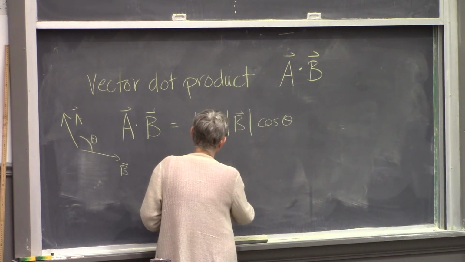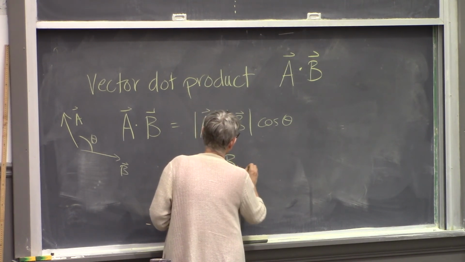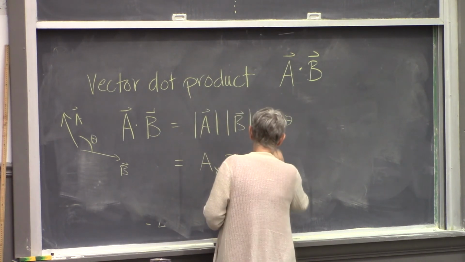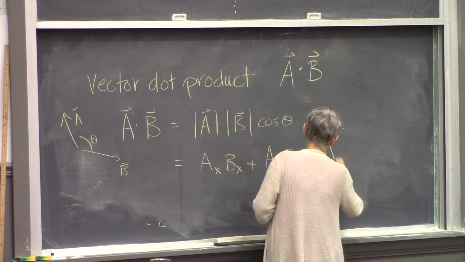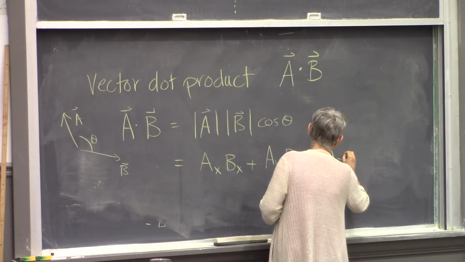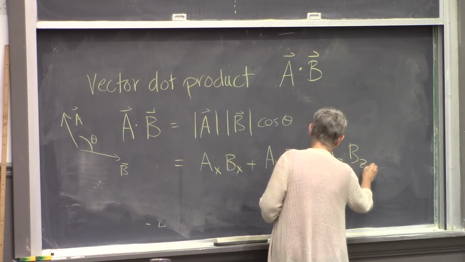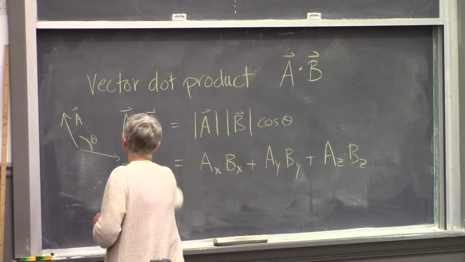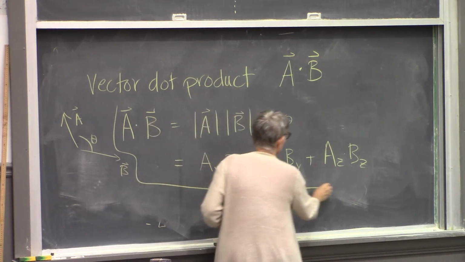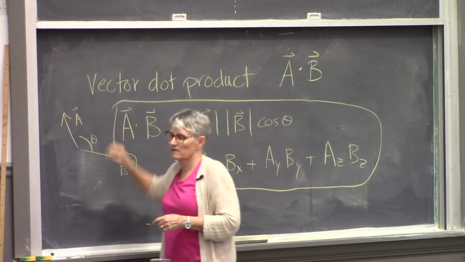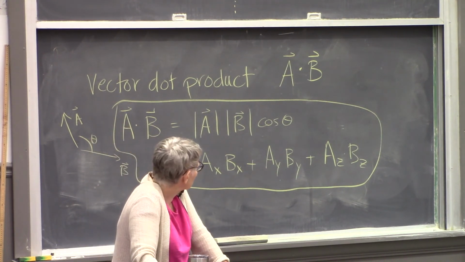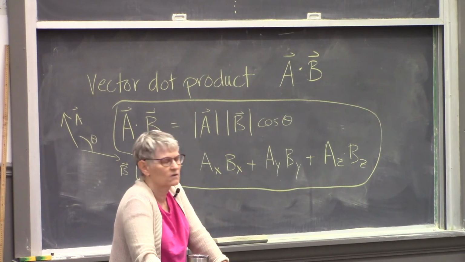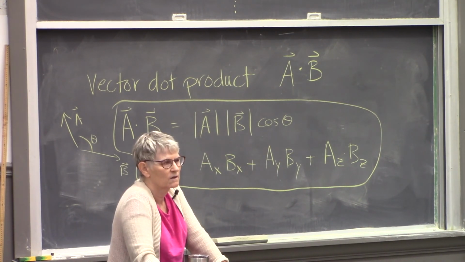And it's actually the x component of A times the x component of B plus the y component of A times the y component of B plus the z component of A times the z component of B. So these are two different ways to evaluate a vector dot product, depending on whether you know angles or components. Now is this vector dot product a vector or a scalar? It's a scalar, isn't it? It ends up being a scalar.